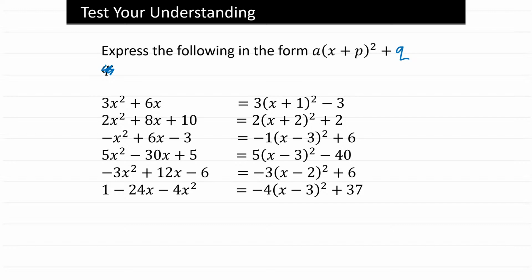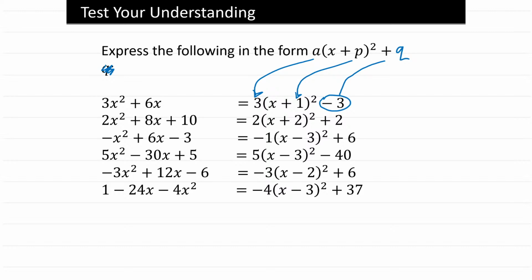So far we have put quadratic expressions into completing the square form. So, for example, this will be your A, this will be your P, so it's +1, and this would be your Q. So your Q in this case is -3, just in case you get asked what Q is.